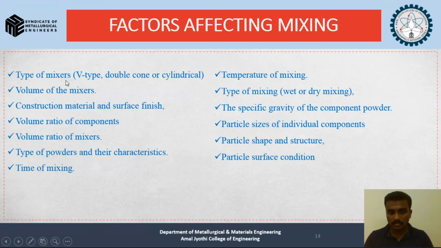As we saw different types of mixtures, there are many factors affecting the mixing operation, and first among them is the type of the mixture we are using, as we already went through what a double cone as well as cylindrical and V type mixture is, and the volume of the mixture, and the construction material used for this particular surface finish process, and the volume ratio of the components, the type of the powder and its characteristic properties, and the time of mixing, how much time the process is carried out, the rotational operation, and the temperature of the mixing, and the type of mixing medium, like whether it is a wet or a dry process, the specific gravity of the component particles, the particle size of the individual components, the particle shape, and the particle surface condition.